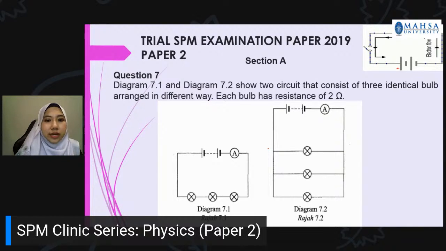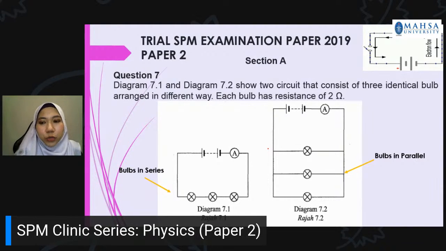So let's look at the answer first. The bulb in diagram 7.1 is in series connection, and then the bulb in diagram 7.2 you have a parallel connection. Students keep on asking or get confused.